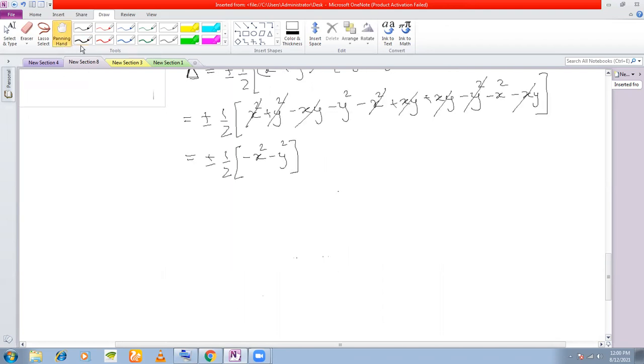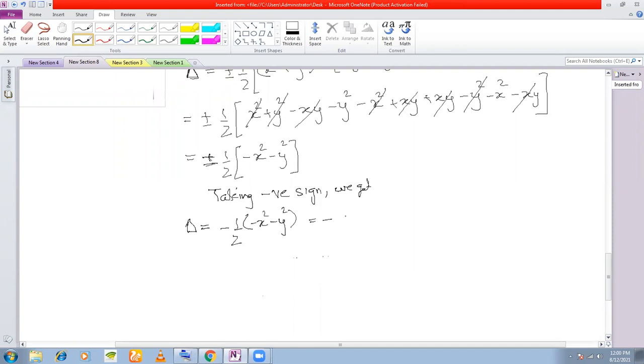Okay, so x square and y square both are positive. Among plus or minus, which sign should I take? Sir, minus. Negative sign. We get area is equal to minus half of minus x square minus y square.